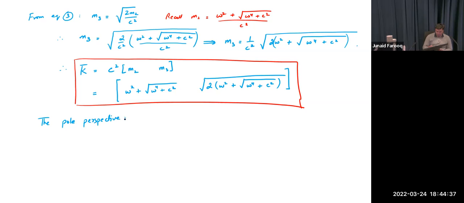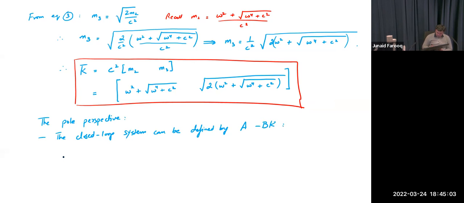But if you want to take that route now, the closed loop system is actually defined by A minus BK, right?